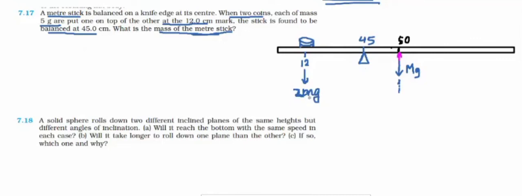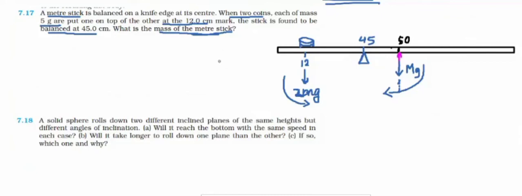Two forces are acting, one is Mg, one is 2mg, and the axis of rotation is at the 45 centimeter mark. The scale is now balanced. Scale balanced means the torque acting in this direction by the force Mg is equal to the torque acting in the anti-clockwise direction by the force 2mg, with the 45 centimeter mark as the axis of rotation.